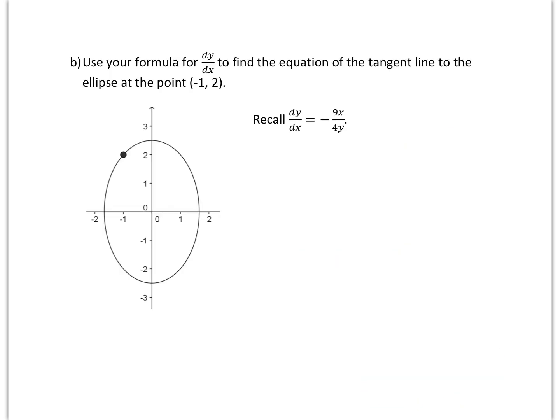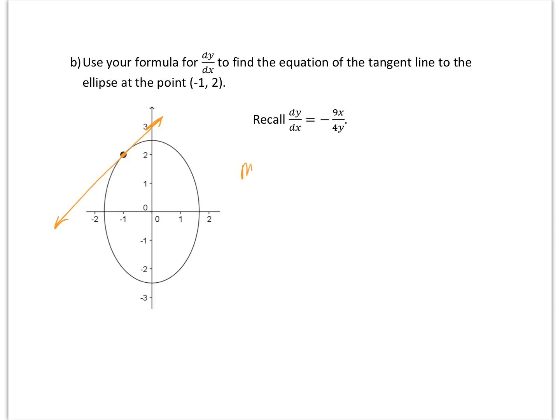Now let's use that formula we found for dy dx to find the equation of the tangent line to the ellipse at the point negative 1, 2. So that is this point right here, and the tangent line is going to look something like this. If I know that dy dx represents the slope of a tangent line, I could calculate a numerical slope because I know the point.